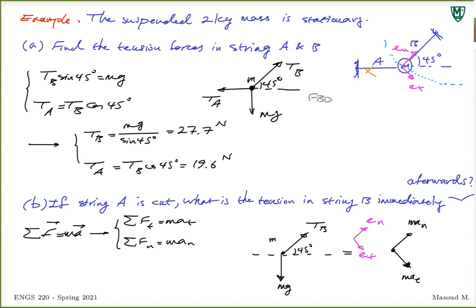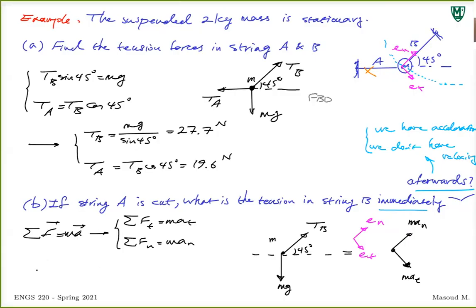Now let's see what we have as a_t and a_n. I said immediately after, right? So immediately after, we have acceleration. We don't have velocity. So I follow whatever I said there.